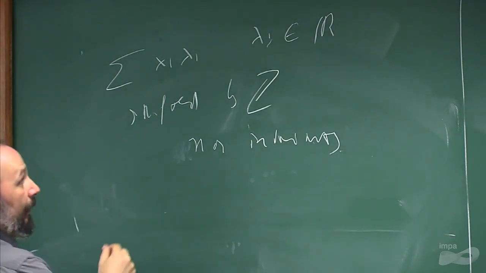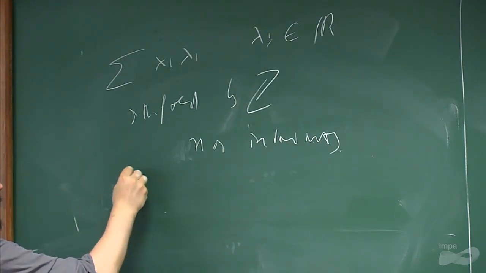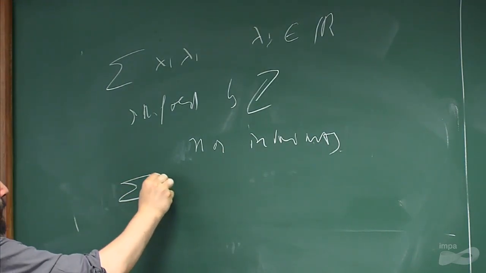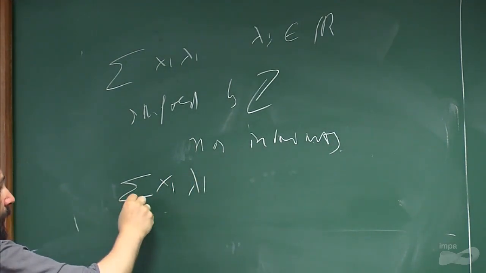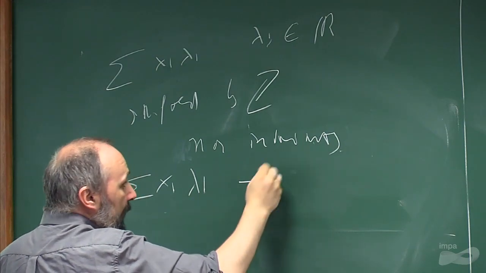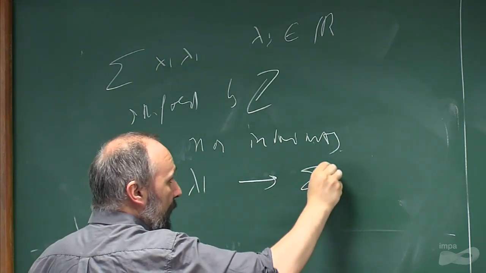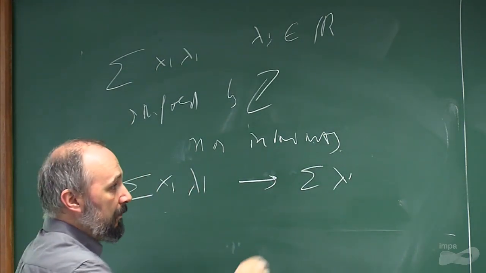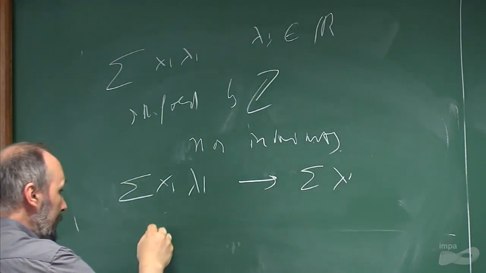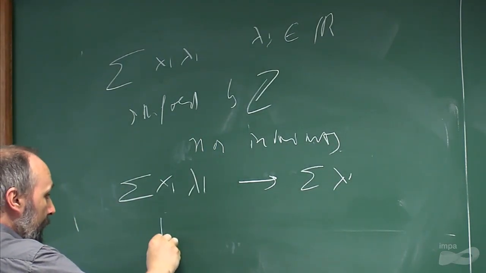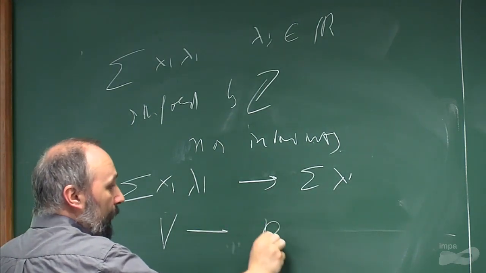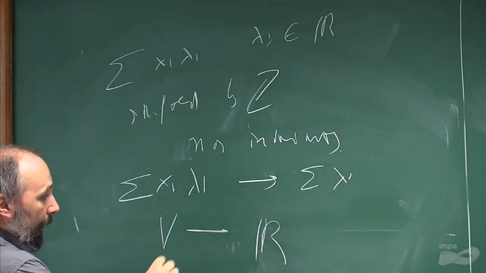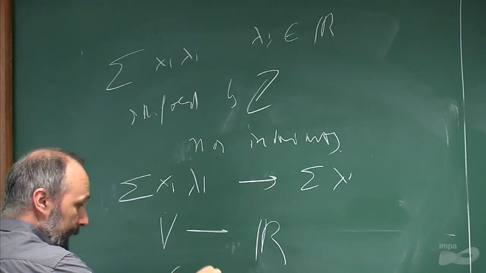And there's a co-invariant, namely the map from the sum of xi lambda I to the sum of lambda I. So it's a map from V to R or C, doesn't matter, which is G invariant.